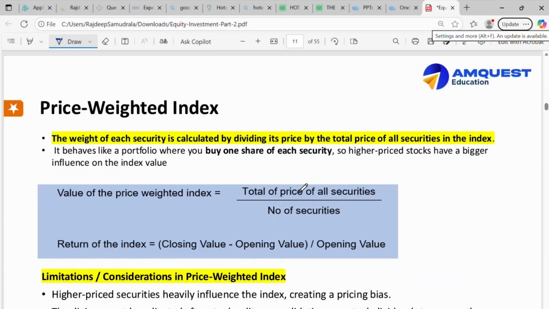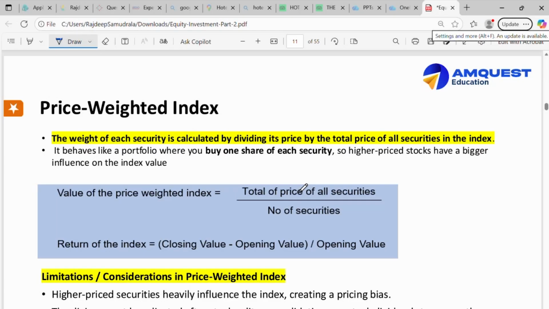If I weight it based on price weight index, I'm weighting all the securities strictly based on price, which means I will consider the price of each security to decide its weight in the index. In this case, what will be the value of the price weighted index?